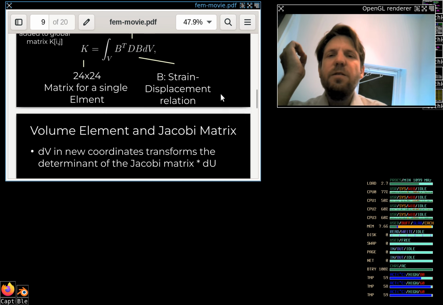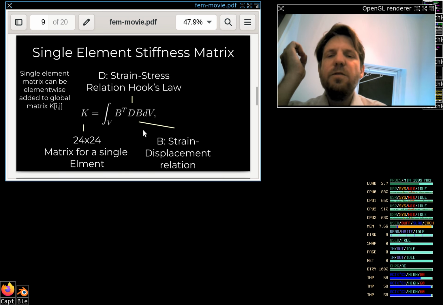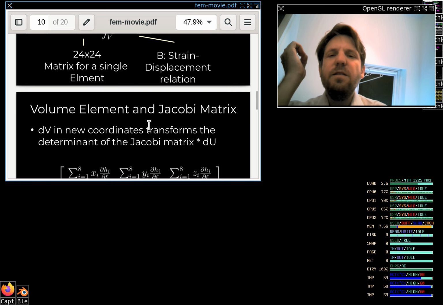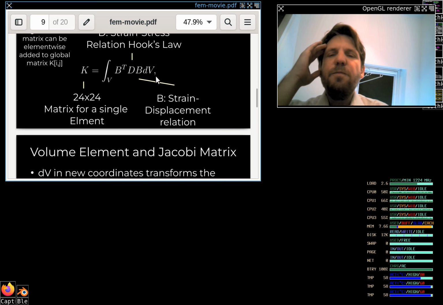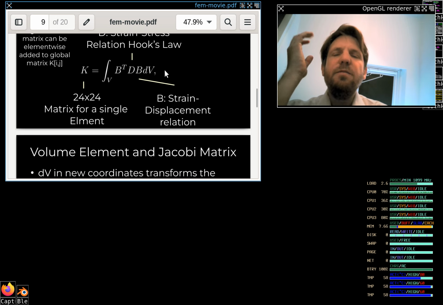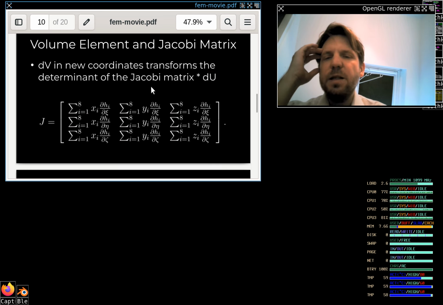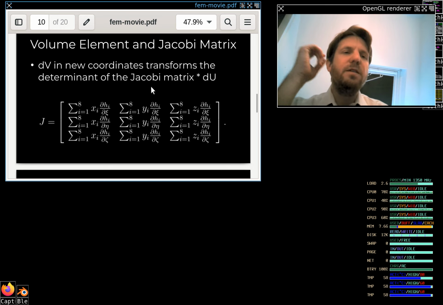If you transform from one space to the other, you have to change this dV by multiplying with a change factor, which is the determinant of this Jacobian matrix, times the new volume element in the new space, which will be equal to the old volume element. So this is basically how coordinate transformations work.